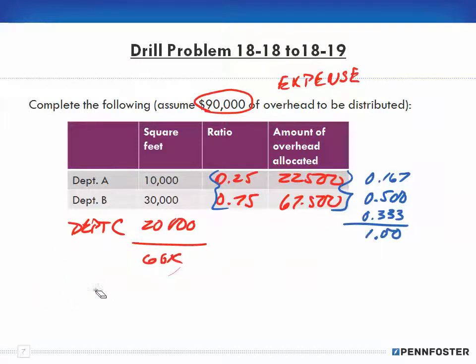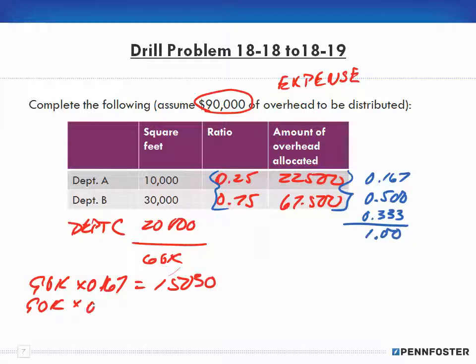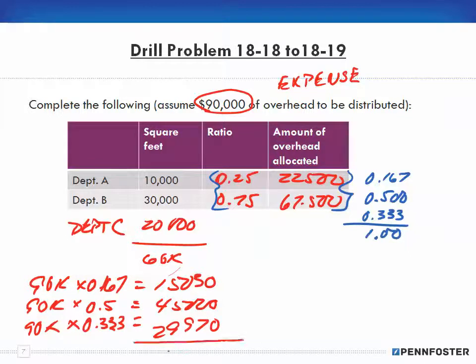Let me rewrite that real quick. 90,000 times 0.167, and that gives me 15,030, and 90,000 times 0.5 is 45,000, and 90,000 times 0.333, 90 times 0.333 is 29,970. Okay, and of course they all add up to the 90,000.